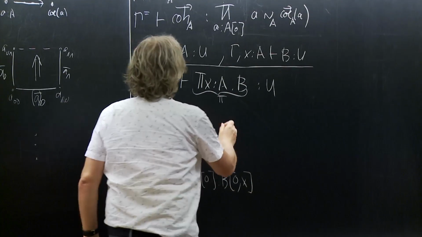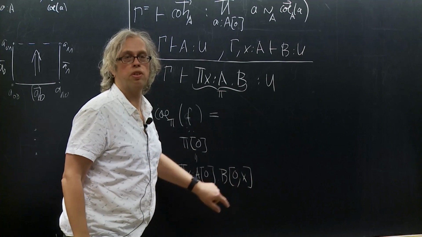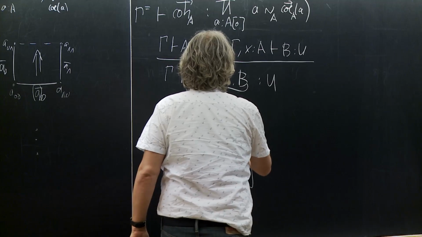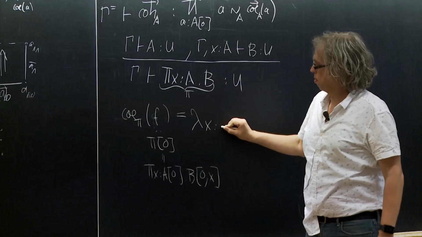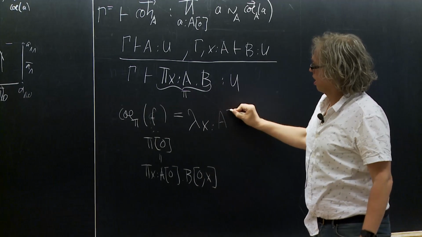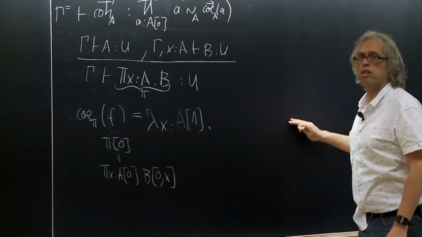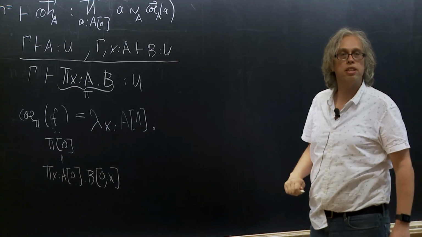So now I want to construct a function which has the same type but everything in one. So how do I do this? I abstract over an element x in A1. And now here I have to construct an element of B1 comma x. Right?